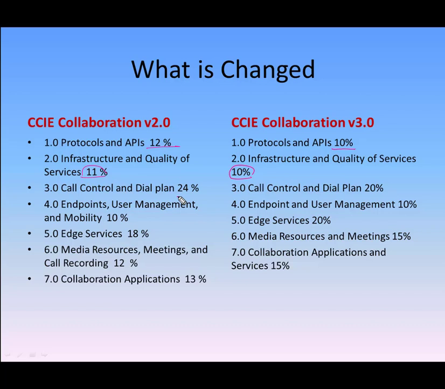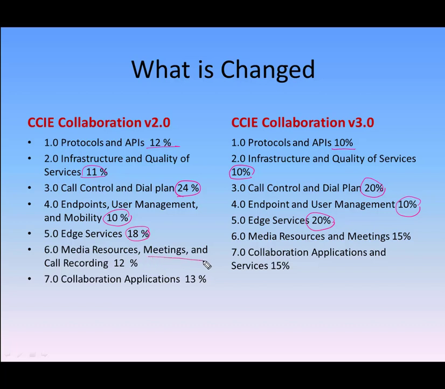Call control and dial plan was 24%, and that's been reduced to 20% in the new version. Endpoints, user management and mobility was 10%, and it's been kept the same. Edge services were 18% in the old one, and in the new version it's been increased by 2%.